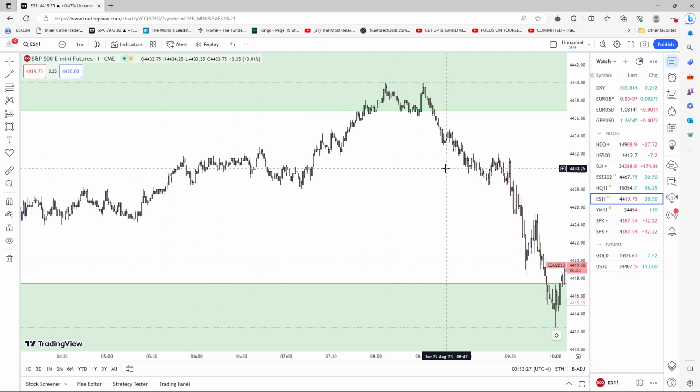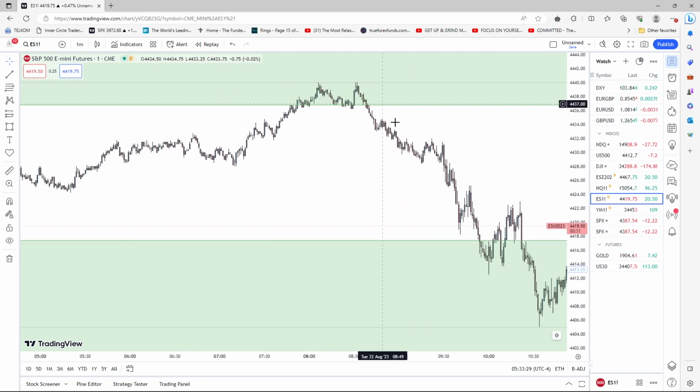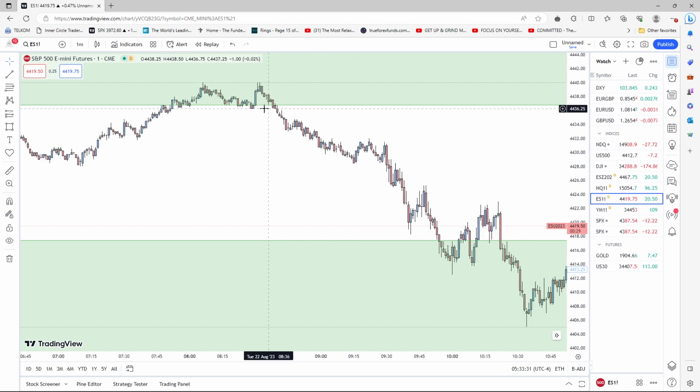This is most definitely not the cleanest piece of price action. As we can see, we traded down very choppy and very much high resistance on this specific day.